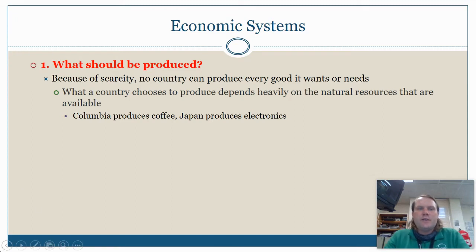As an example, the United States isn't really very limited in anything it can produce. Our climate is extremely varied across different parts of the country. We have any number of natural resources available that we can get out of the ground. So we are very unlimited in what we are able to produce.